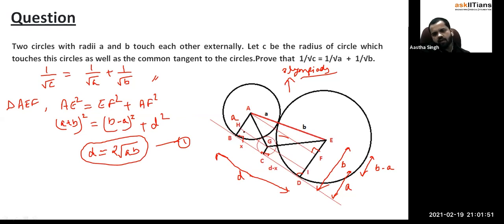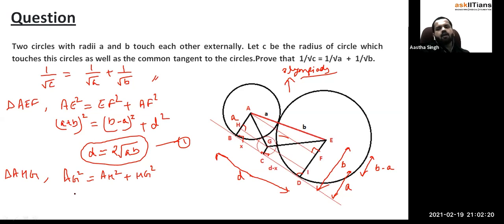Now look at the diagram and what can you say about the triangle AHG? So yeah, this is also your 90 degrees. Guys, what is AG? In this triangle, AG square is equal to your AH square plus XG square. What is AG square?